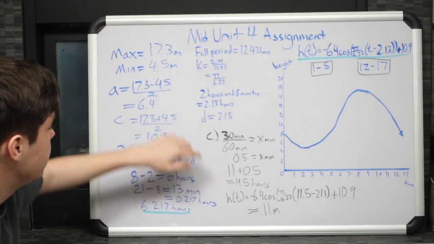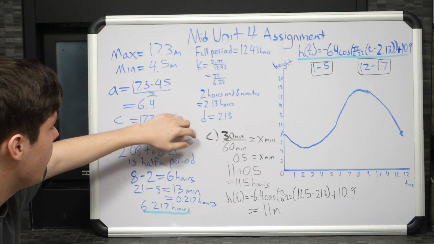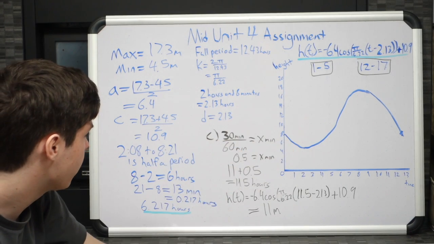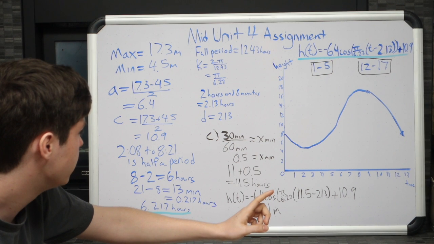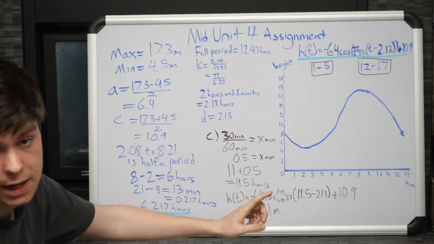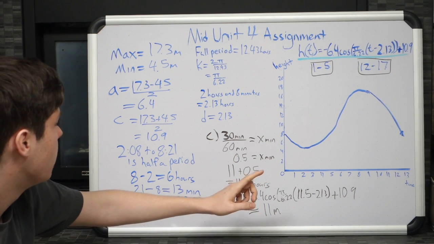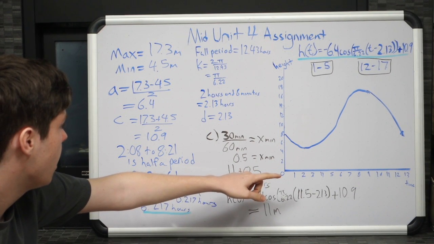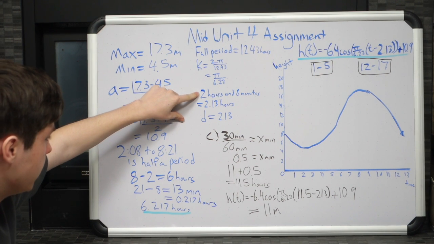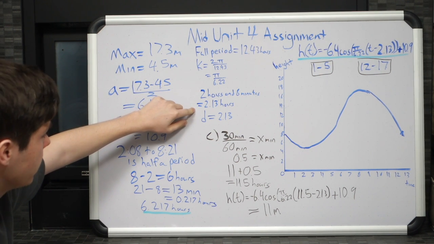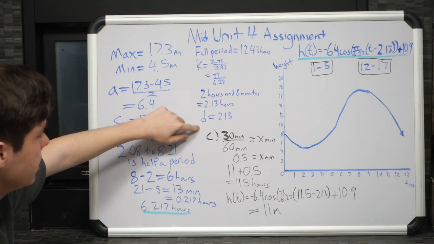And then for the d value, because it's a negative cosine graph, it is moved over to the right by 2 hours and 8 minutes, because that's when the minimum happens. So therefore you have to convert 2 hours and 8 minutes into only hours, so that's 2.13, and that's your d value.